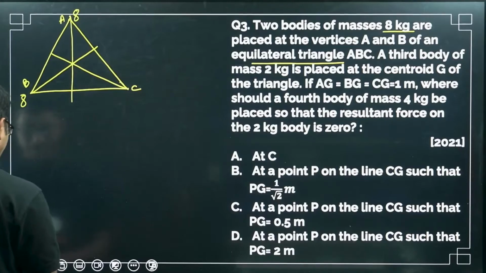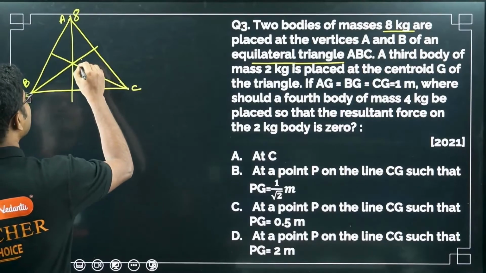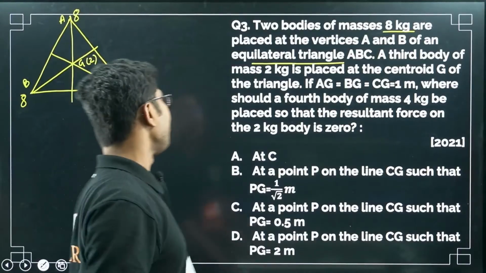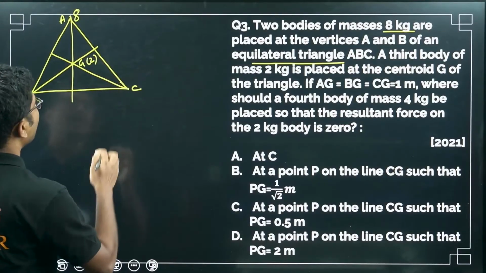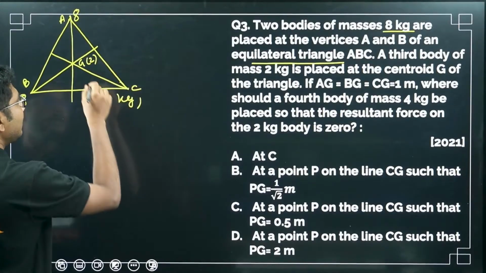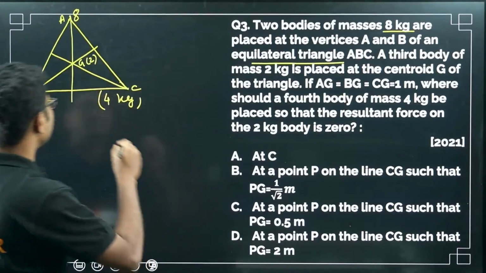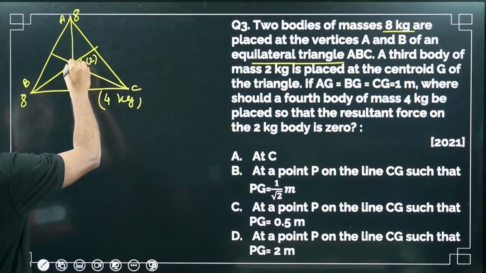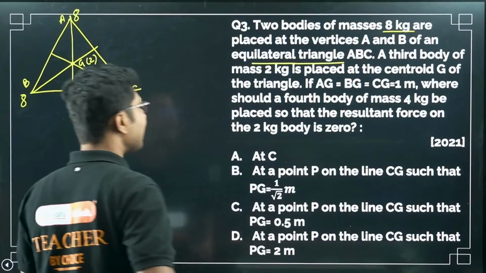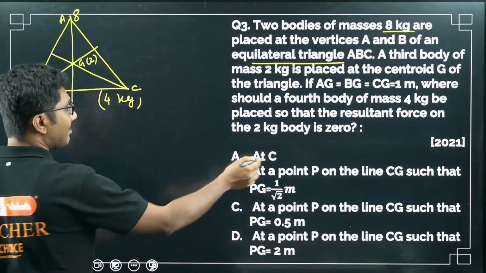They said that at G you have placed a mass of 2 kg, and where should you place a third mass of 4 kg so that the force acting on this 2 kg mass becomes 0? Now this is a little complicated, longer question, and definitely you cannot place the mass at C.